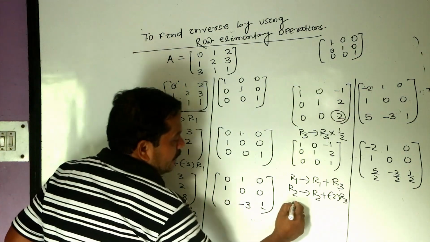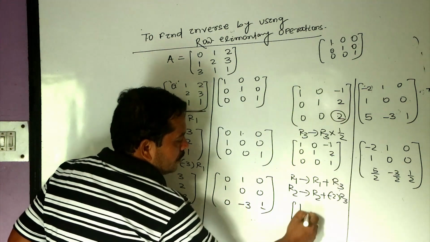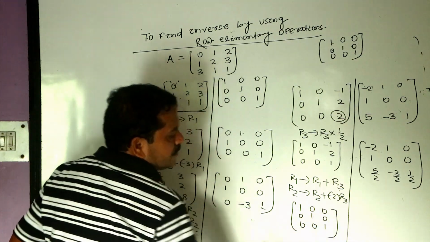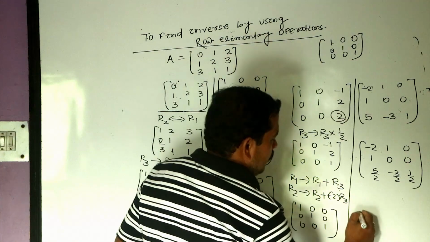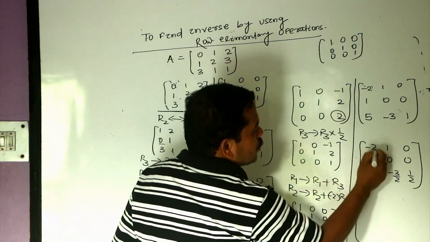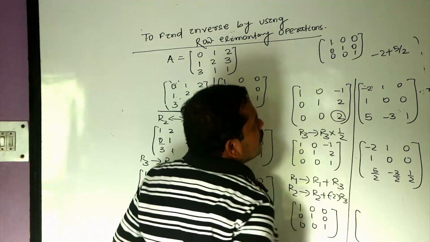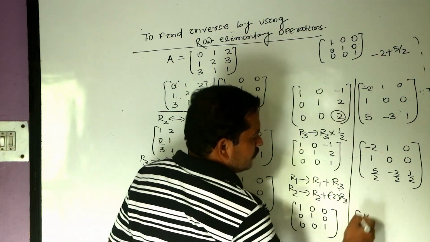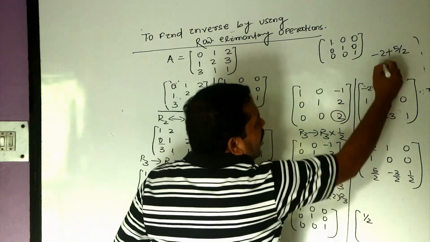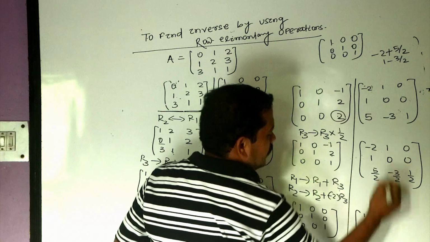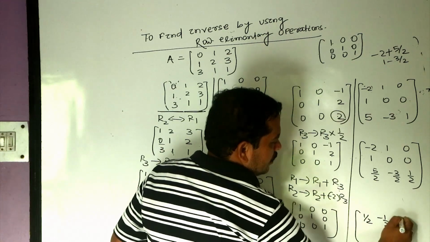Then it will be 1 0 0, 0 1 0, 0 0 1. Here it will be minus 2 plus 5 by 2, that is 1 by 2. 1 minus 3 by 2, that is minus 1 by 2, here it will be half.